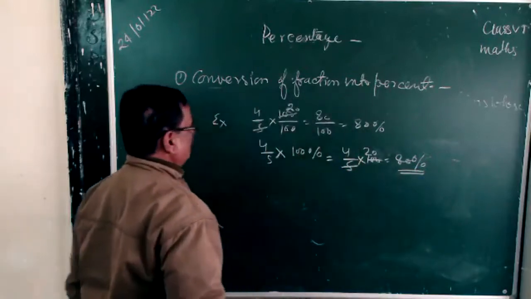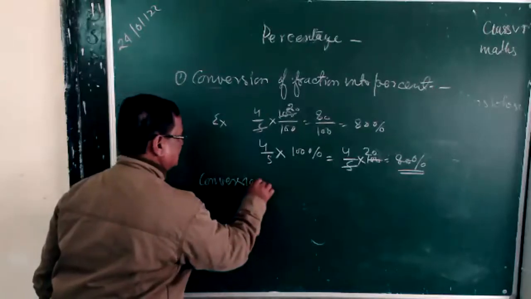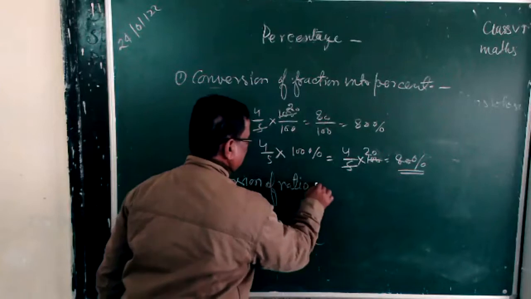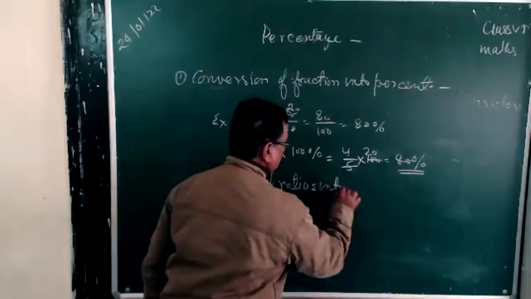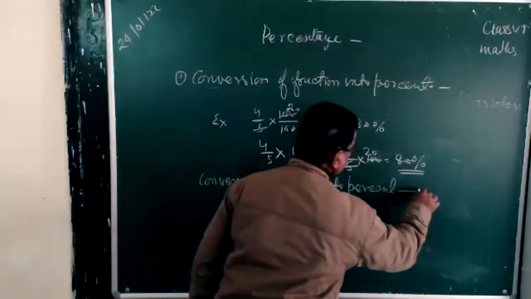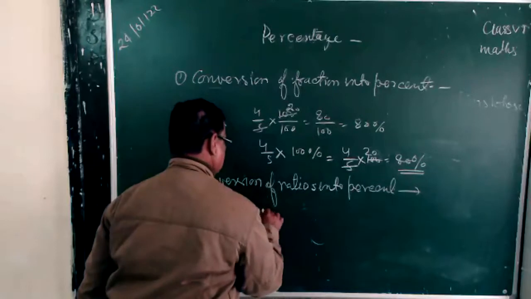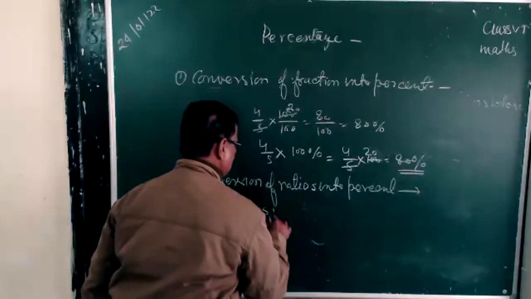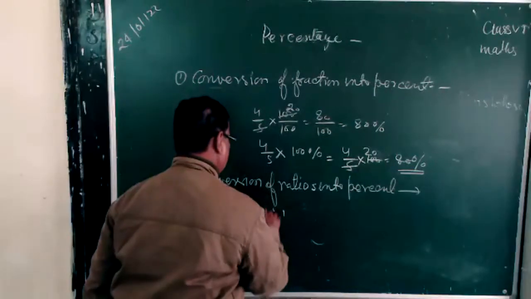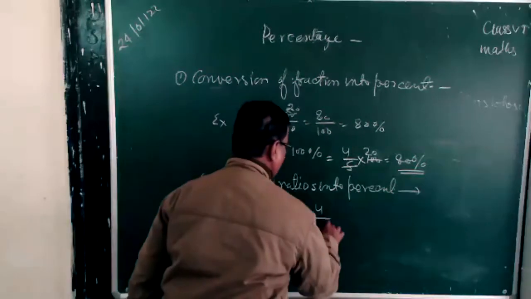Now conversion of ratios into percent. Suppose there is given ratio 4 to 10, that is 4 by 10.